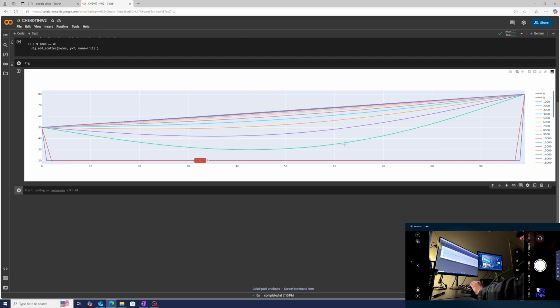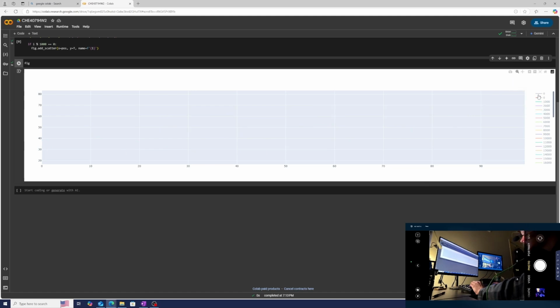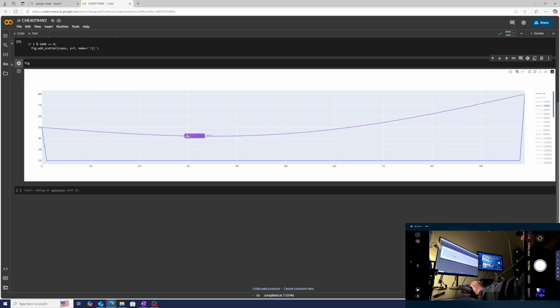So we can see that our first time step is 0. So we have our left all the way at 50, everything else is at 20, and our temperature on the right is at 80. You can see as we go on, this curve begins to become a straighter line, and as we get closer and closer, we can see that it becomes relatively constant.